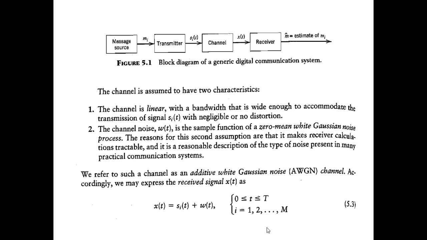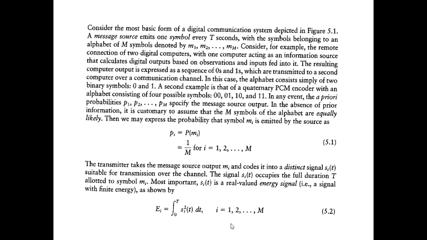So here is the block diagram. There is a message source which generates messages. A message source emits one symbol every T seconds, with the symbol belonging to the alphabet of M symbols.